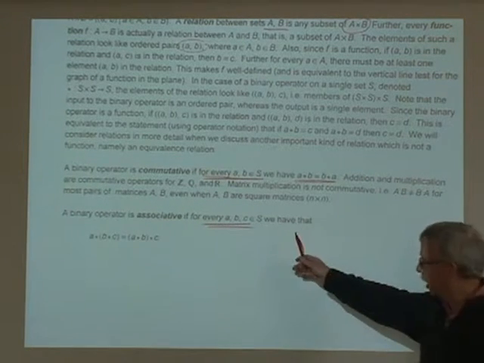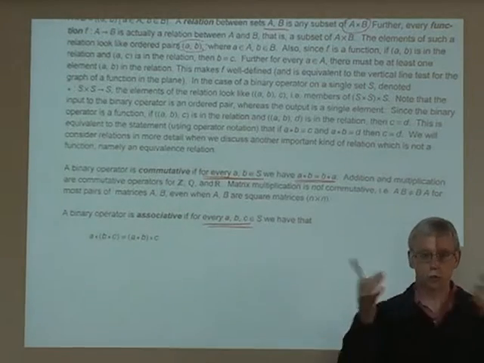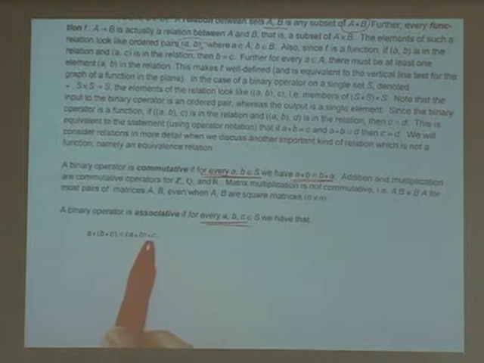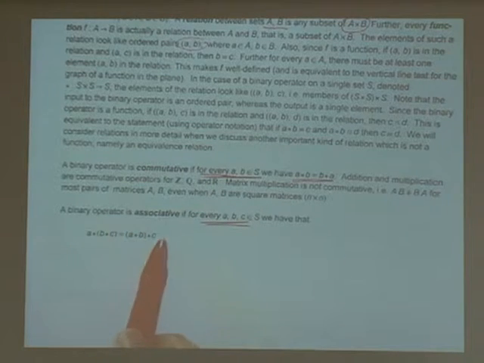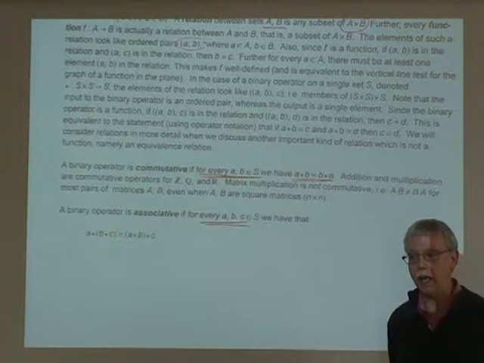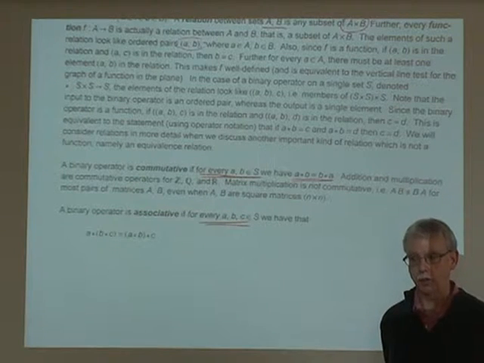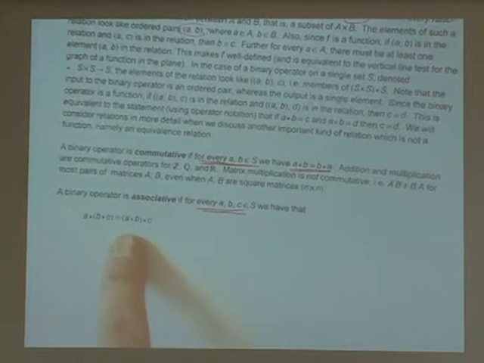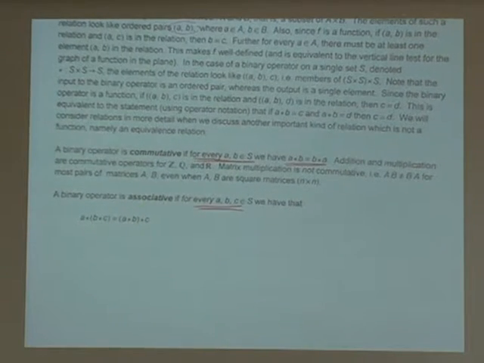And associativity can be hard to prove because you have to pick 3 arbitrary elements. Or if you have a small finite set, you have to show this for every triplet. If I have a set of size 8, that means 8 times 8 times 8 triplets have to be tested if I do it exhaustively. So either way, this can be a hard one to prove.